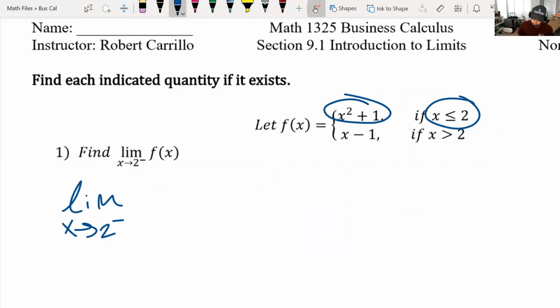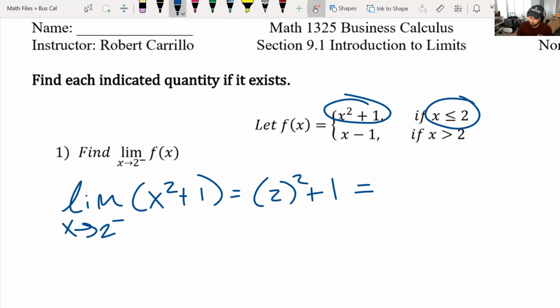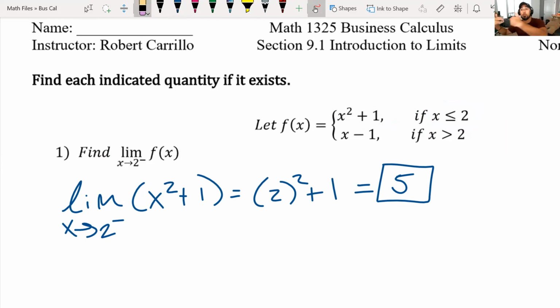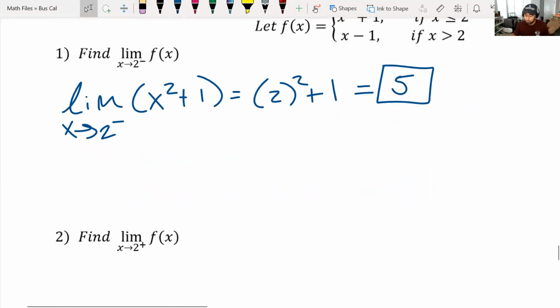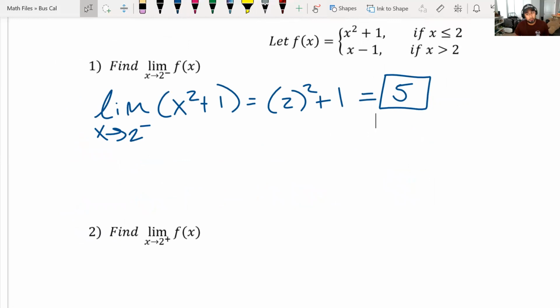The limit as x approaches 2 from the left of x squared plus 1, which means all you have to do now is plug in 2. 2 squared plus 1 gives me 4 plus 1, or 5. So what we say here is that the limit from the left at 2 is 5. That's it. That's matching a limit to a restriction in the piecewise function. And doing so tells you which function you can use.